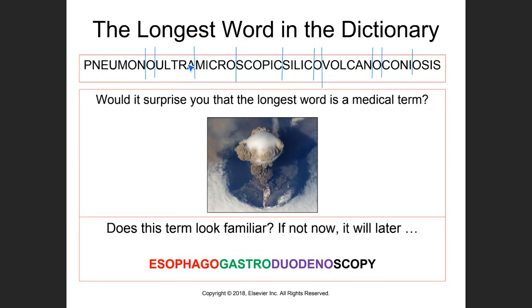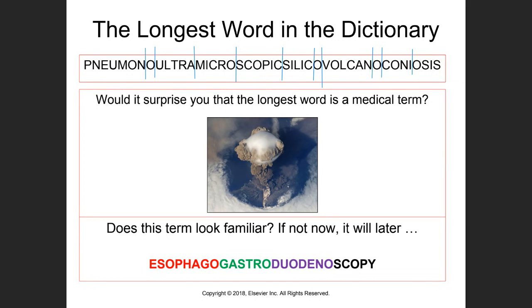Ultra is a prefix. Micro is a prefix because it's giving you size, it's giving you amount. And then scopic is actually a suffix because it's a diagnostic type of term. And osis is a condition. So that gives us the suffix, and obviously it's at the end of the word. Okay, so that's how you're going to separate it.